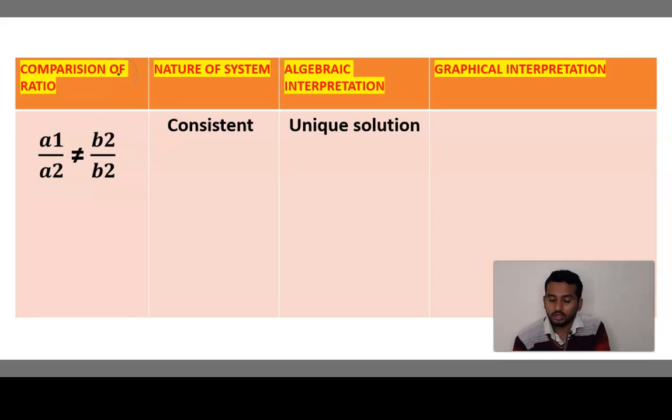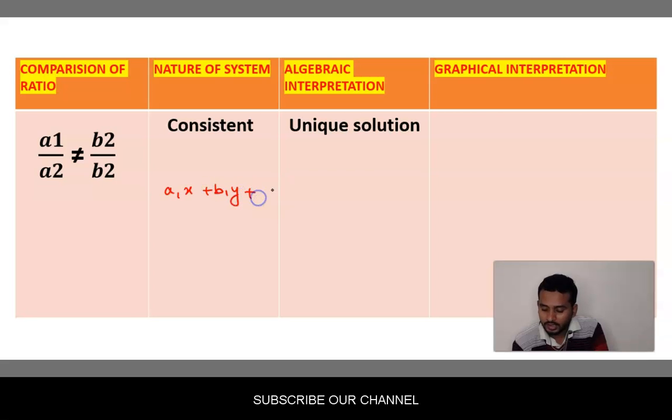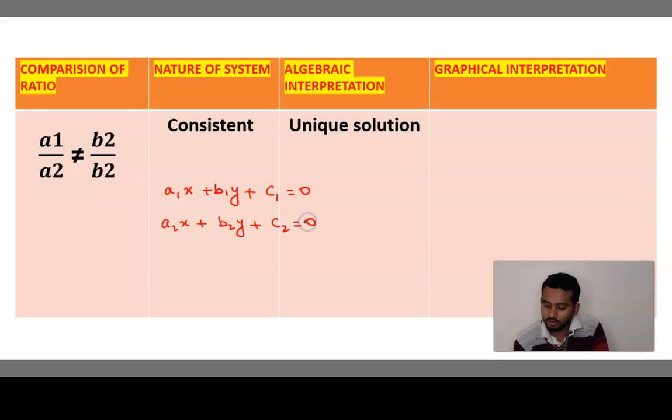Now what is the general form of a pair of linear equations? The general form of a pair of linear equations is a1x plus b1y plus c1 equals 0. I am right? Similarly, a2x plus b2y plus c2 equals 0.